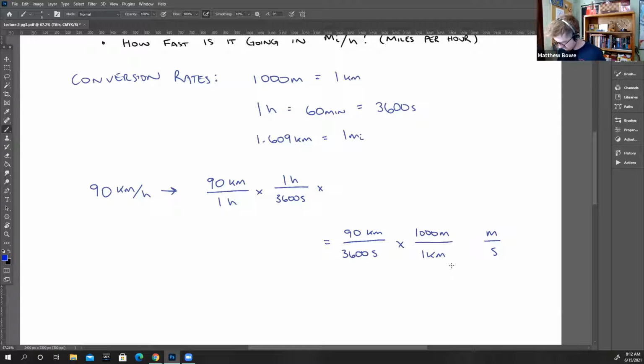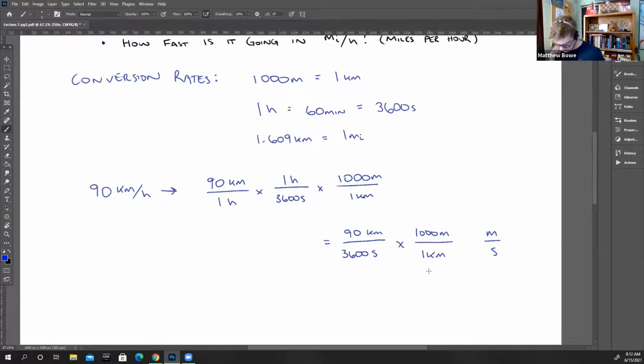But just for the sake of doing this and the next little example, or any of your other work, you could do all of these steps in one. So looking at this top line, I could multiply by this conversion rate, and then I could also do 1,000 meters in 1 kilometer like that.